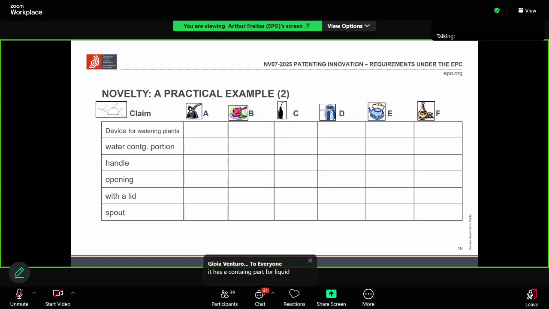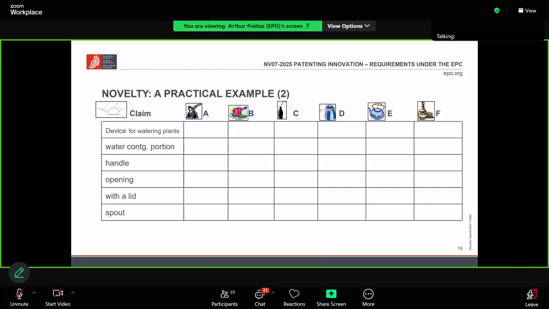We have to read it broadly. So what I have to check now is: is my oil dispenser suitable for watering plants? That's what the feature actually is. And the answer here is yes.